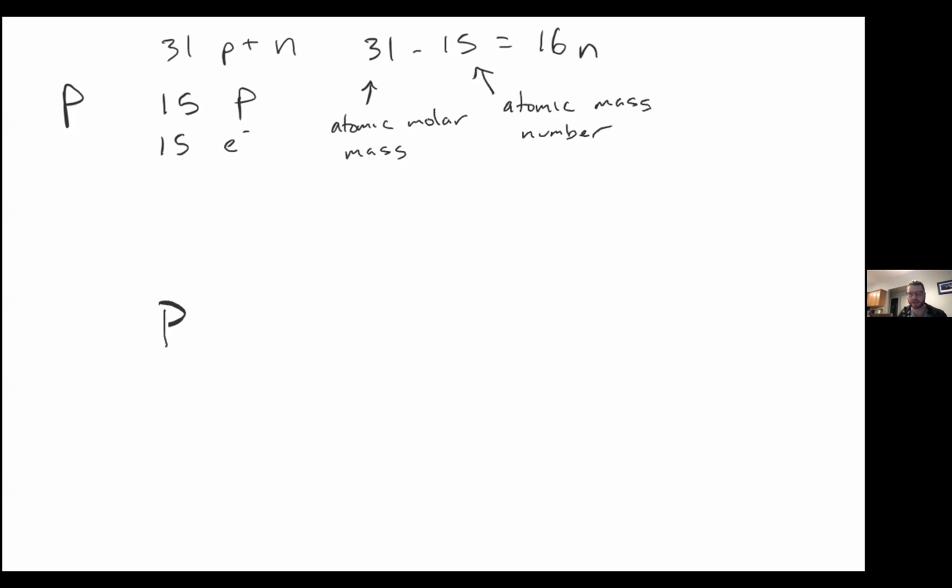Phosphorus has 15 electrons, and the energy levels go 2, 8, and then 5. So we have 15 protons, 16 neutrons, 2 electrons, 8 electrons, and then 5 electrons. This would be the energy level diagram.